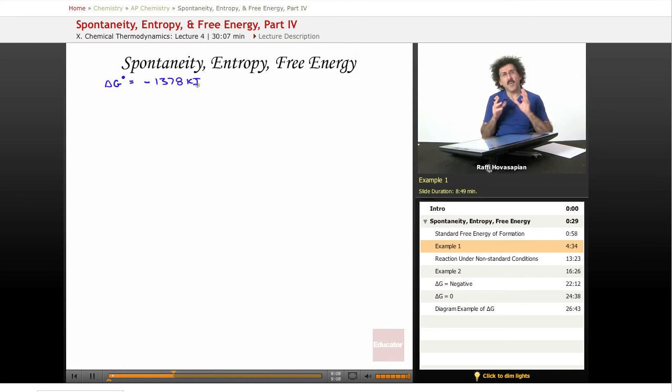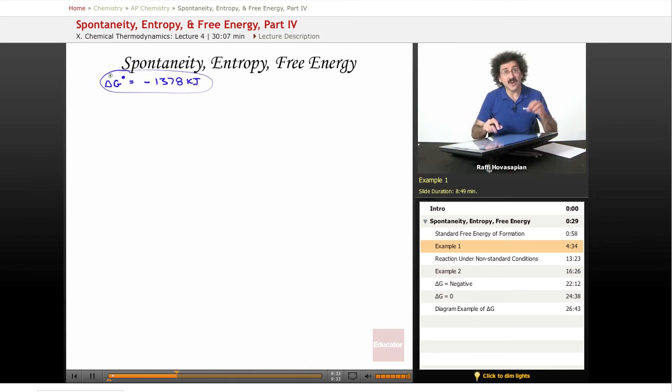Now let's think about what this actually means. This number tells me that it's spontaneous as written. That means it'll happen eventually if I don't do anything. That doesn't mean it's going to happen quickly. It just means that it will happen and I don't have to do anything about it. Thermodynamically, it's spontaneous. So spontaneity is a thermodynamic statement, not a kinetic statement.